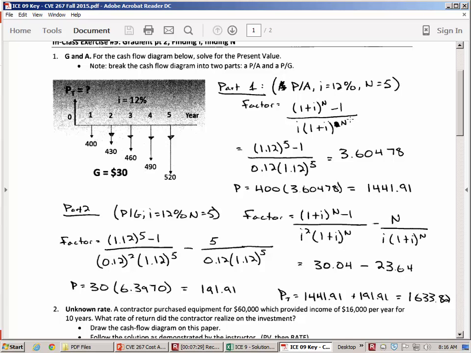So if we wanted to find out the present value of this, how would we do it with the gradient? There's still one more step though, because if we did the P/G, it would take the money to here, because in terms of the gradient, you're 0, 1, 2, 3, 4.